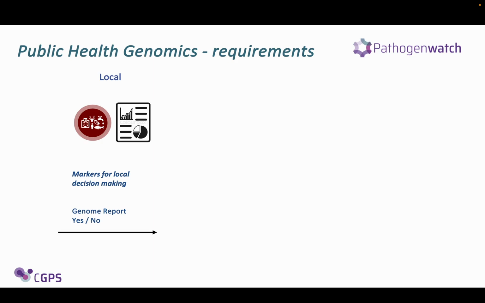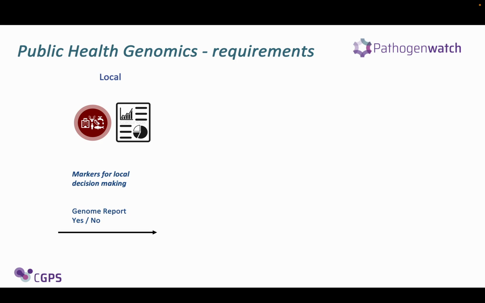So on a single genome level, what we want to do is pull out any markers or anything in that genome that gives us some value for decision making, such as, is there a gene present that we think may well inform on a particular phenotype? Is there a serotype present, a K or O antigen type, that may well indicate that if you have, for example, a vaccine, that it will or will not work? So very rapidly pulling out of a genome a report that gives you some of these yes-no answers.